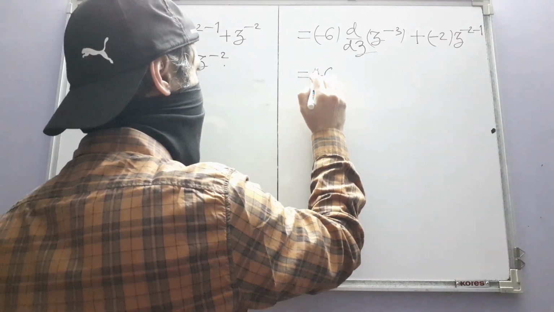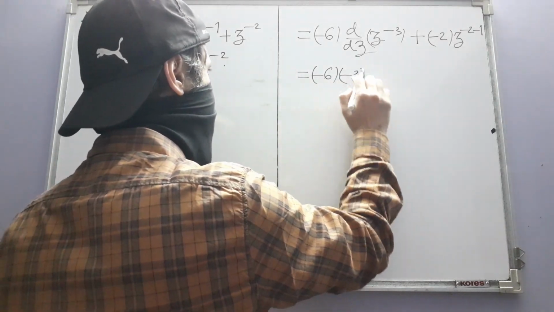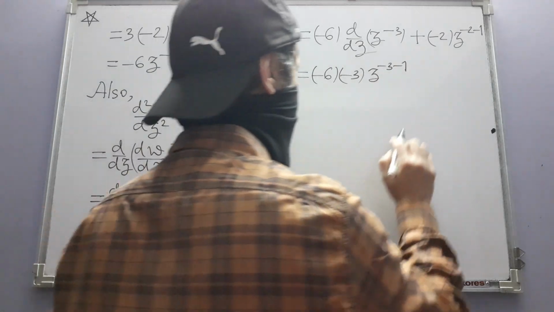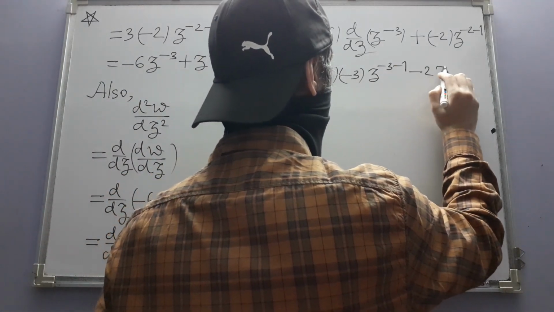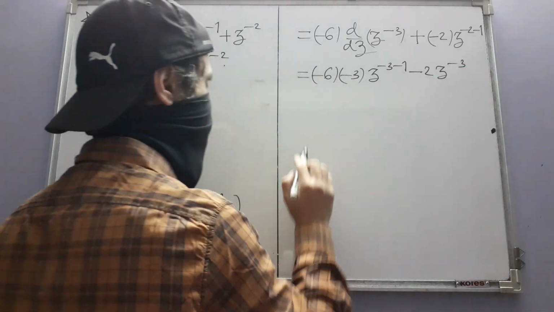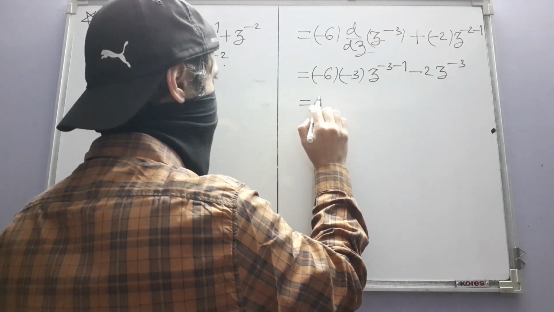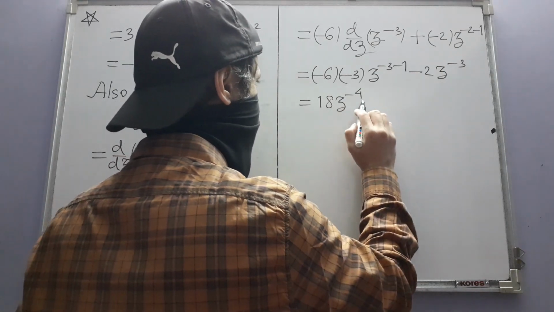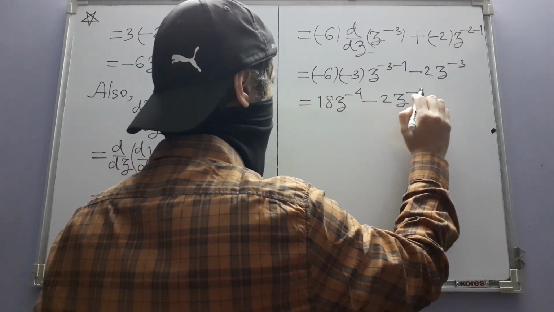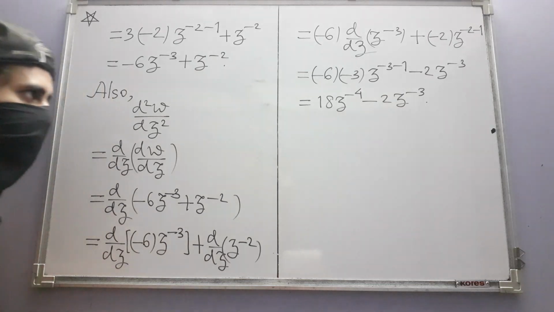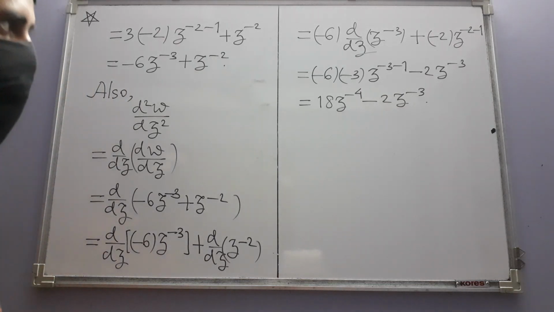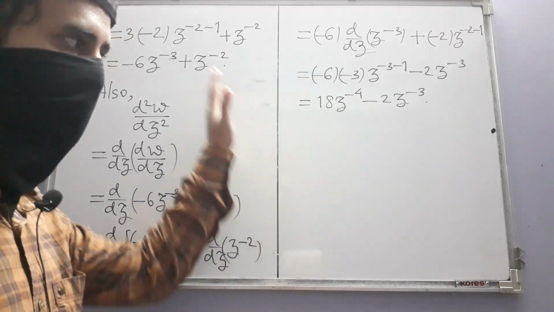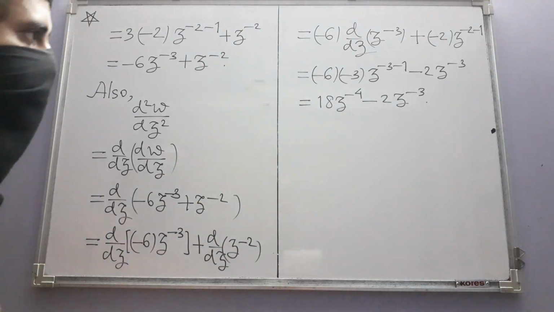Similarly here, minus 3 times z to the power minus 3 minus 1, and this one is minus 2 z to the power minus 3. 18 z to the power minus 4 minus 2 z to the power minus 3. So many negative powers. So obviously z is not equal to 0 in all of these things.